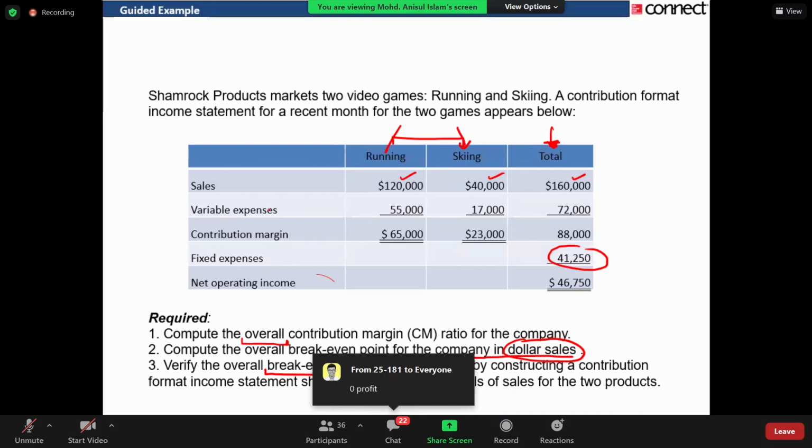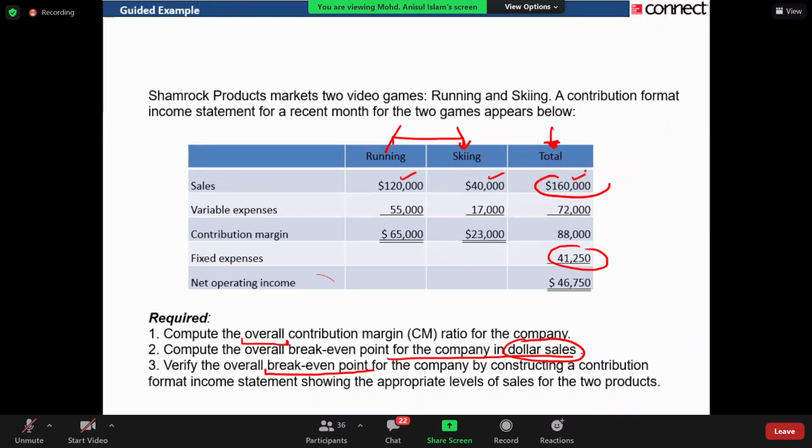First of all, we like to check that out of the 160,000 actual sales dollars, how much sales is coming from the running video game and how much from the skiing video game. Find out the proportion of the contribution of sales by each product.